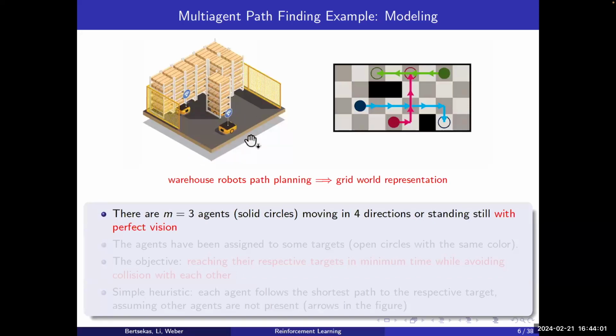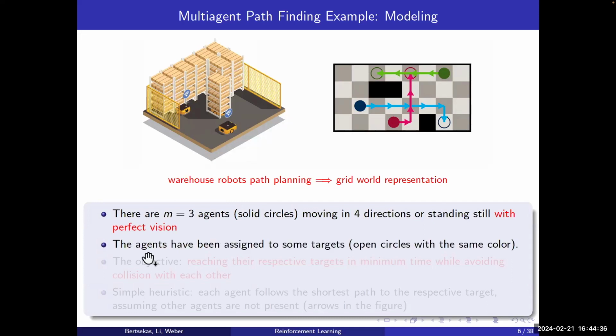So in this situation, this problem can be modeled by this grid world representation, where in this particular figure, there are 3 agents, which are depicted by the solid circles. They can move at most in 4 different directions or stand still at each time instance, and with perfect vision. This is what we mean by a perfect classical information pattern, that every agent is fully aware of the overall situation.